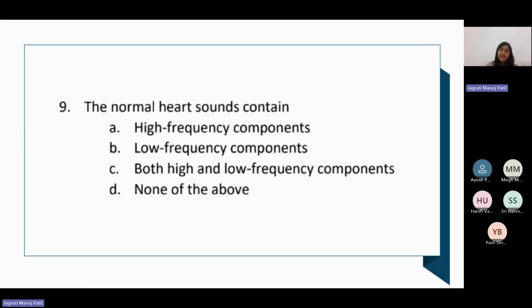Heart sounds are S1 and S2, and their frequency is not above 50 hertz, everything is less than 50 hertz. But if we take the practical example, noise is a high frequency component. That's why I use a high pass filter to eliminate it. If you see it that way, it would be both high and low frequency.